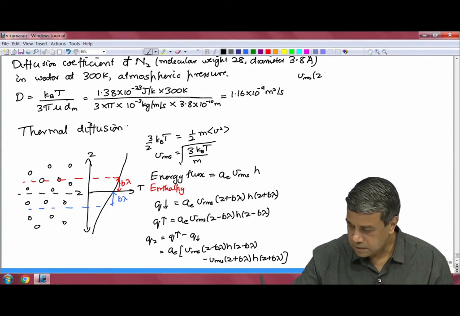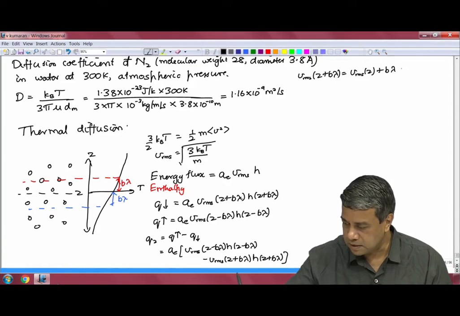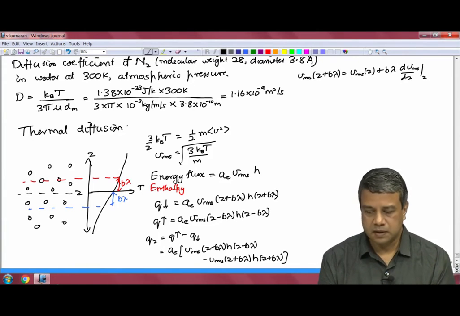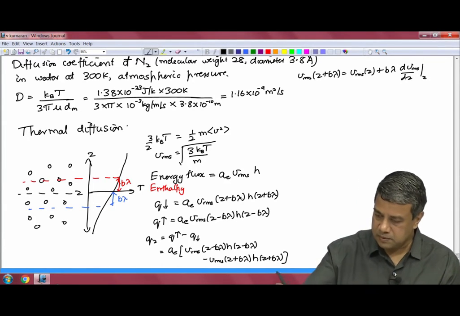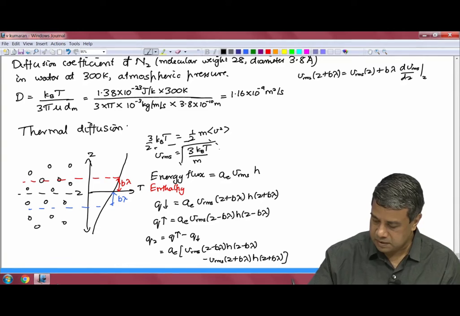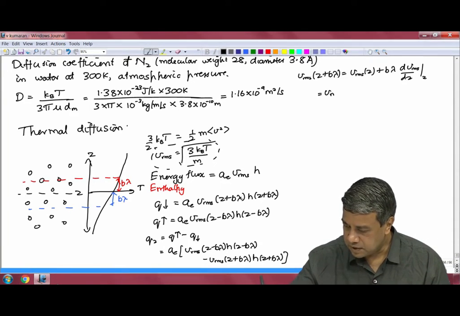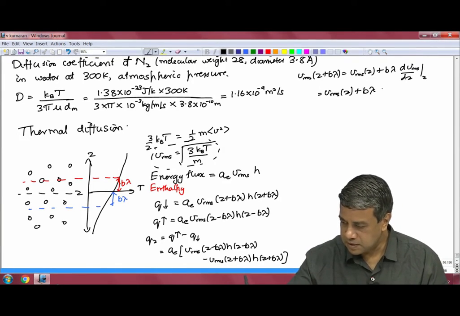at z plus b lambda is equal to Vrms at z plus b lambda dVrms by dz at z. And Vrms is related to the temperature through this relationship. So, this is going to be equal to Vrms at z plus b lambda times dVrms by dT times dT by dz.